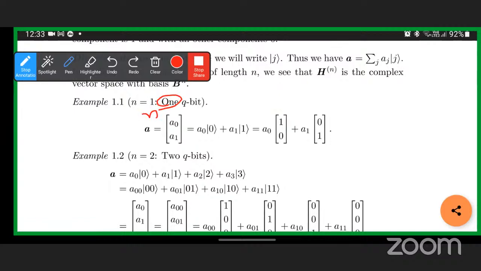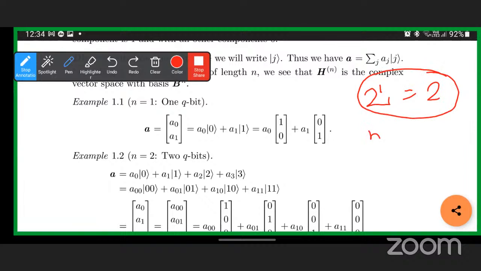So I'll give you an example of 1 qubit. Our n is equal to 1. So 2 raised to 1, that is, 2 raised to n gives me 2. So I have only 2 components.